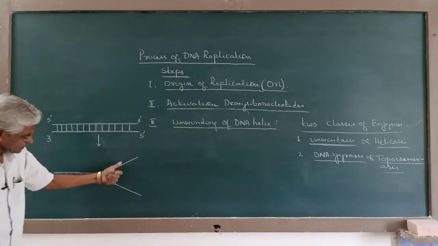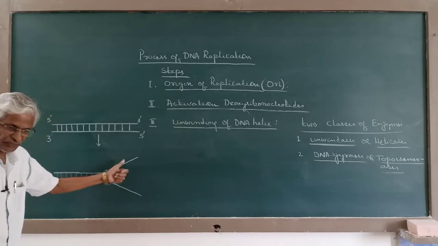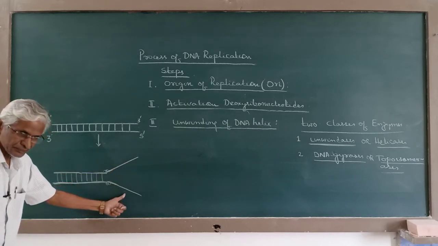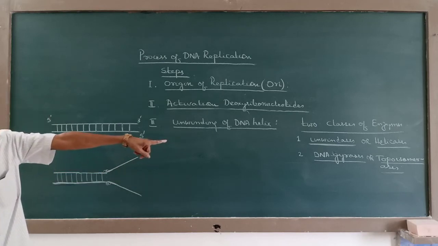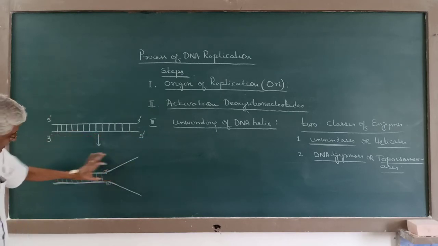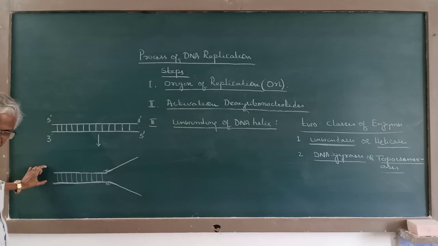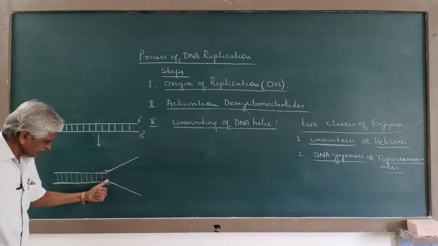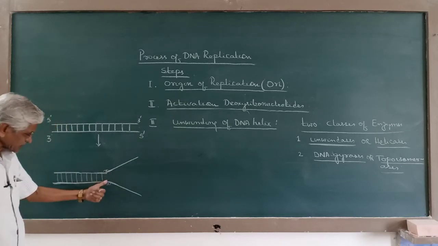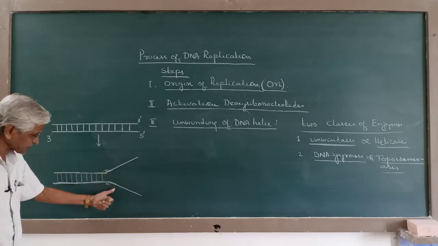Now here, uncoiling of DNA at this end, brought about by helicase enzyme, there will be tension at the other end. And this tension at the other end is relieved by cut and reseal of one of the strands.